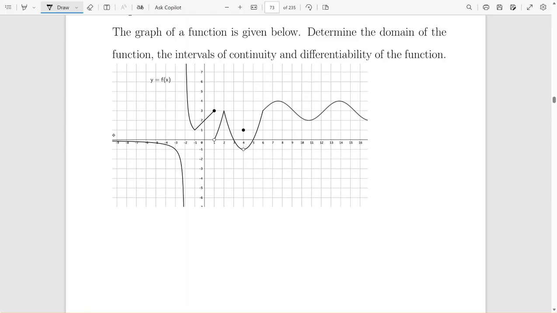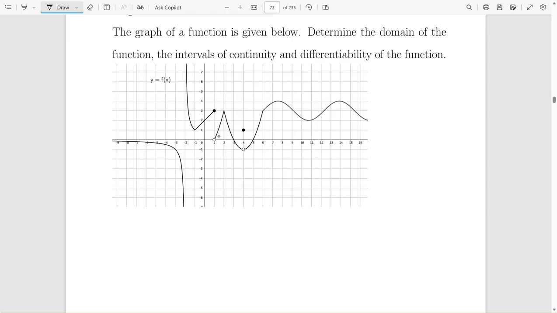As I go left to right, all of these x values line up with the graph except at x equals -2, where I have a vertical asymptote. But if I keep going, I still have graph at x equals -1, x equals 0. Even at x equals 1, I have a solid dot up here. So x equals 1 is still in the domain.